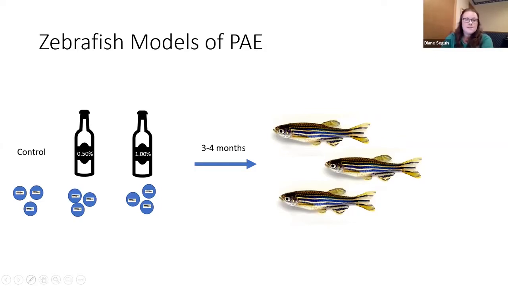In this very simple schematic here, we have little eggs, and inside each egg we have a teeny tiny zebrafish embryo. When I picked the developmental window I wanted to target, the eggs are just placed directly into an alcohol bath containing the amount of alcohol we want to expose them to. The benefit of fish is that the alcohol goes through the egg membrane, goes right into the developing embryo, and we can directly measure how much is reaching the embryo.